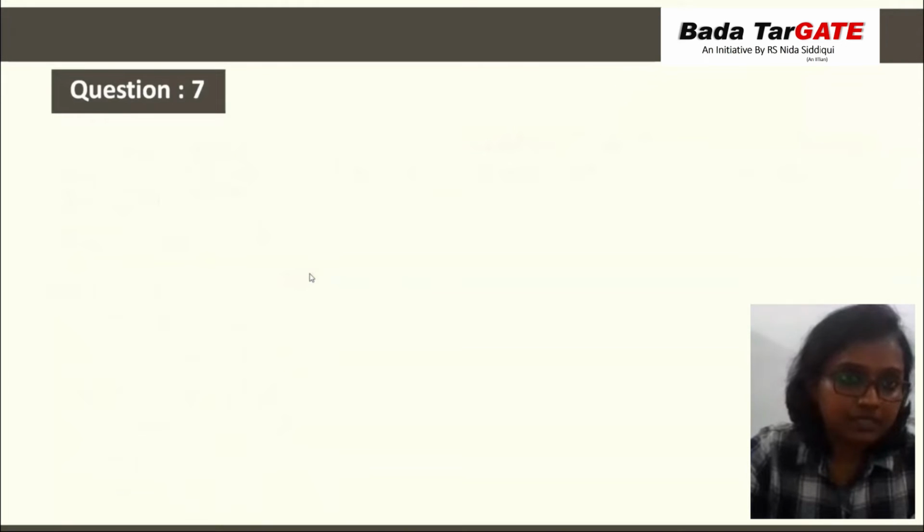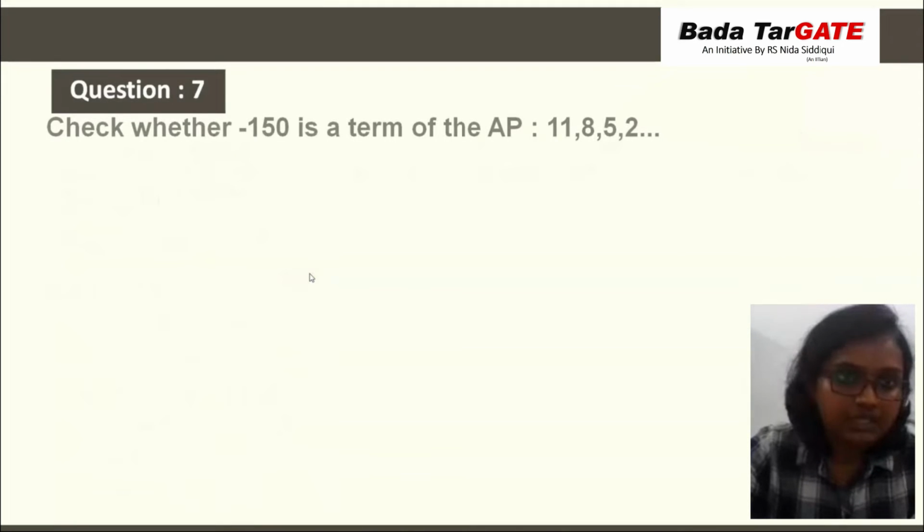So coming to question number 7: check whether minus 150 is a term of the AP 11, 8, 5, 2, etc. So A1 will be 11 and D will be minus 3.